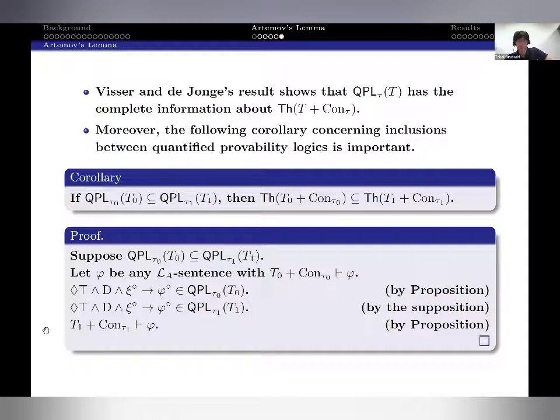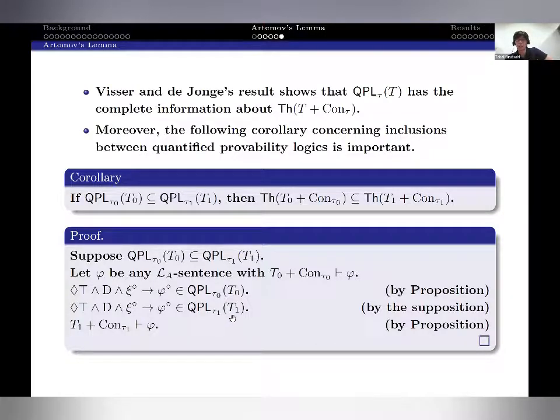I give a proof. Suppose this inclusion. Let phi be any arithmetical sentence such that T0 plus con tau 0 proves phi. Then by the proposition, we have that this sentence is in the quantified probability logic of T0. From the supposition, this sentence is also in the quantified probability logic of T1.